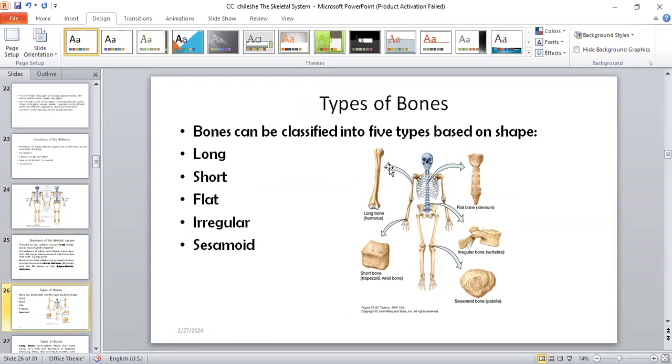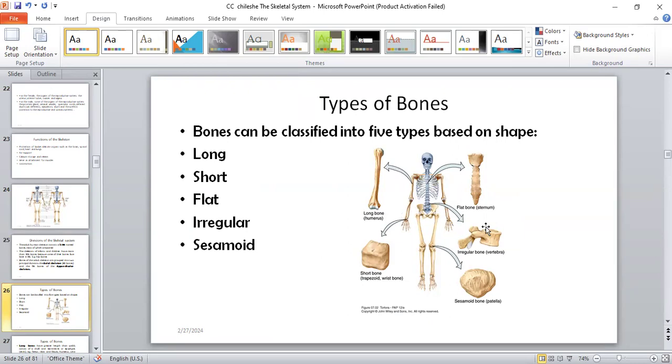Long bones are made in such a way that they have a shaft, and this shaft is known as the diaphysis. They have two ends that are a little bit dilated, and so they are bigger than the shaft. These two ends are known as the epiphyses. One is epiphysis and two are epiphyses. Those are the long bones.